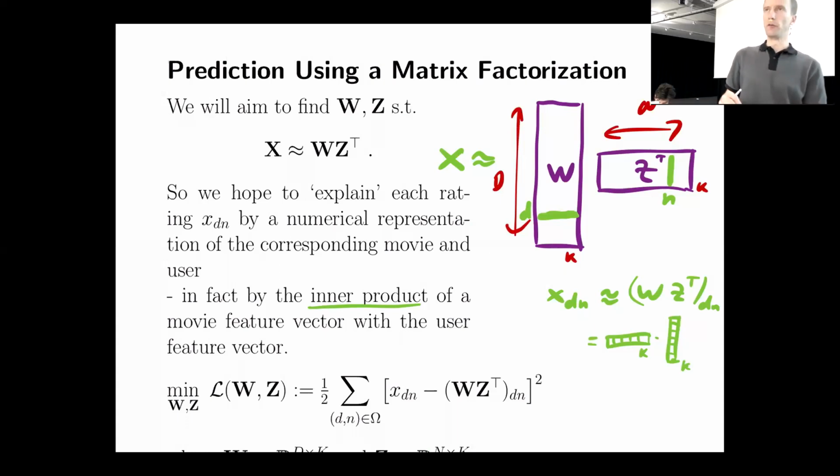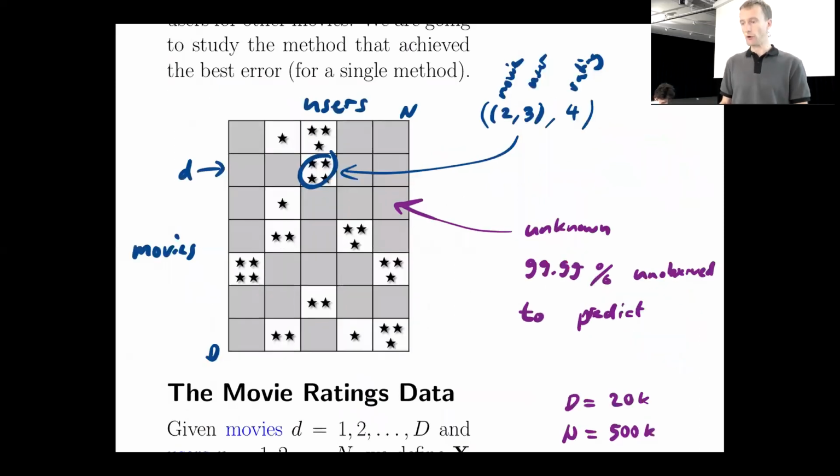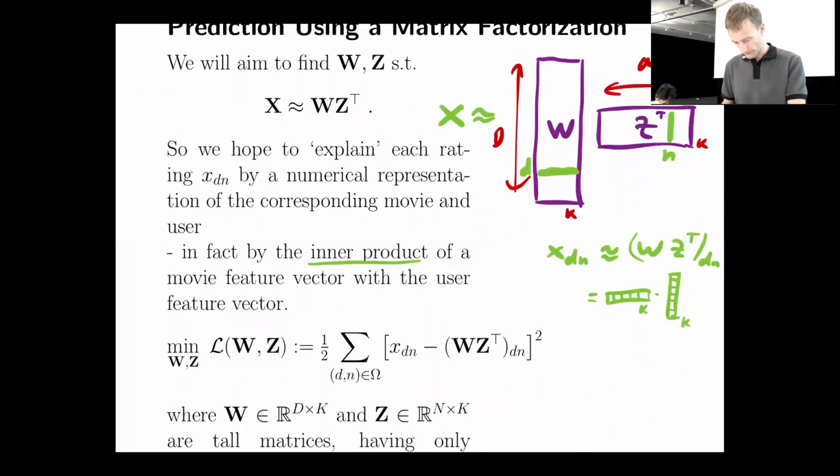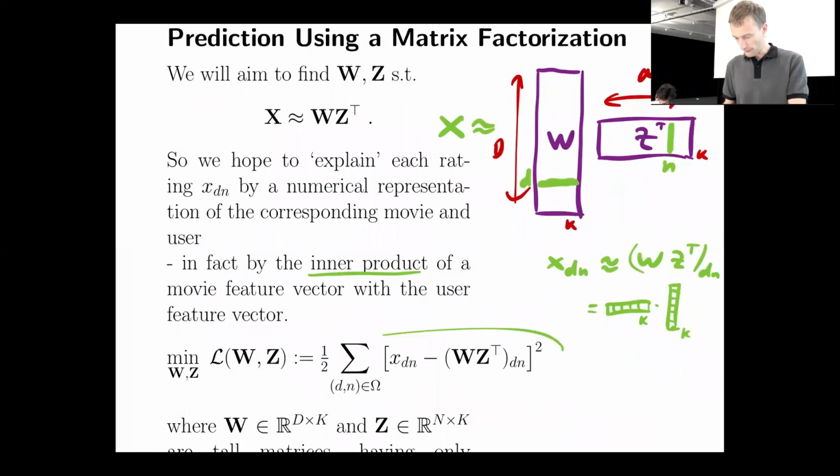So what we're going to do here is we will just define the loss entry-wise. So over this whole matrix here, everywhere we'll define a loss, and we sum it up over all entries. And so the training loss would just be the loss of the observed entries. So this loss here takes our model and compares it with a true value.